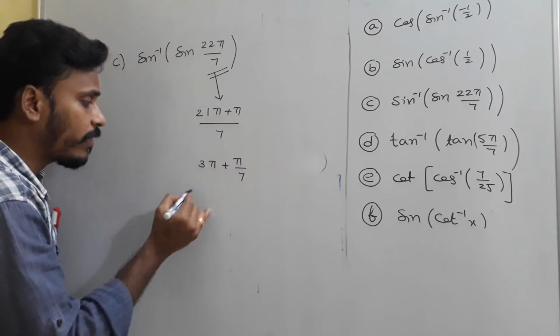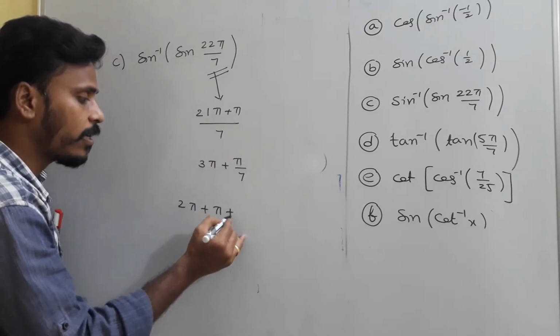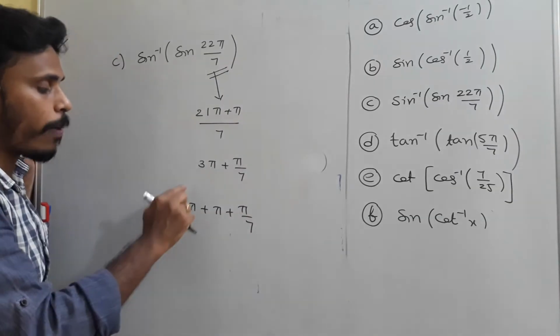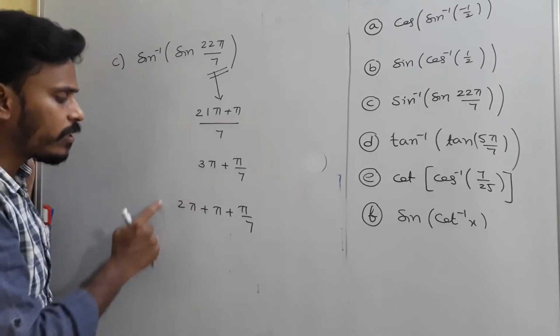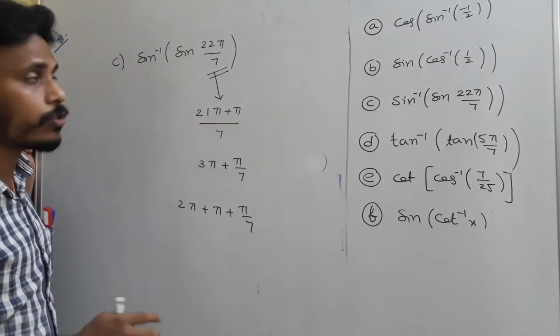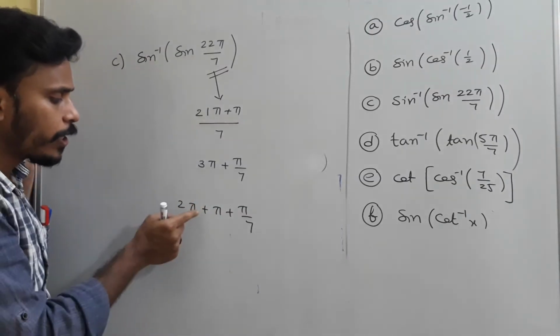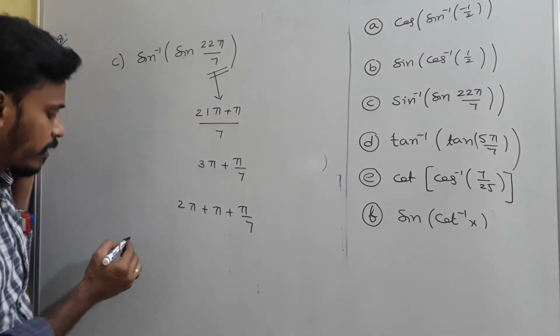Now I will write this 3 pi as 2 pi plus pi, so this angle is 2 pi plus pi plus pi by 7. In trigonometry, we usually neglect complete revolutions because they don't affect the values. So for sine of 2 pi plus pi plus pi by 7, you just leave out this 2 pi and pay attention to pi plus pi by 7.